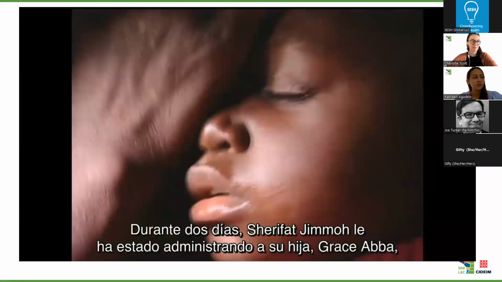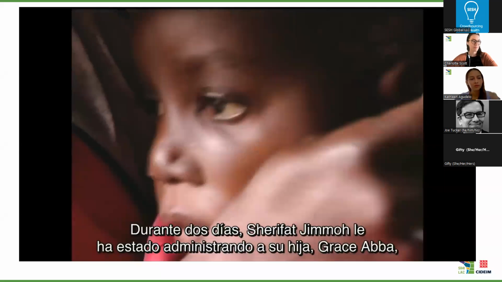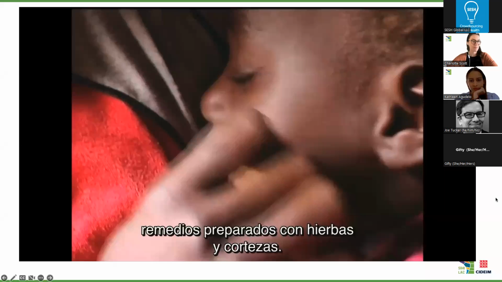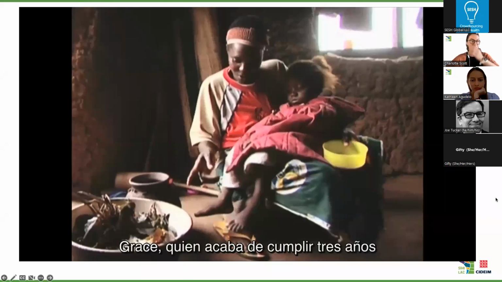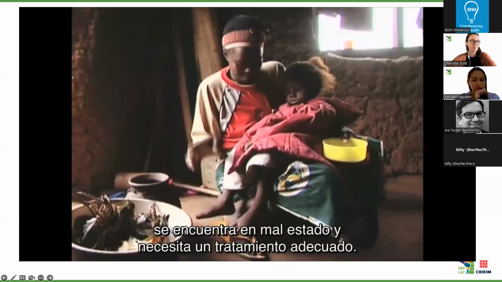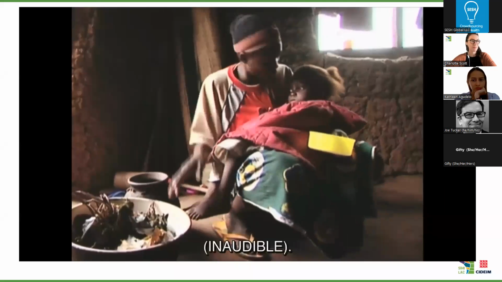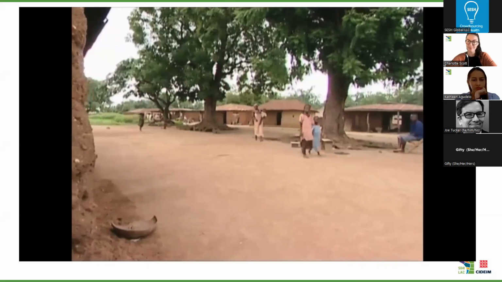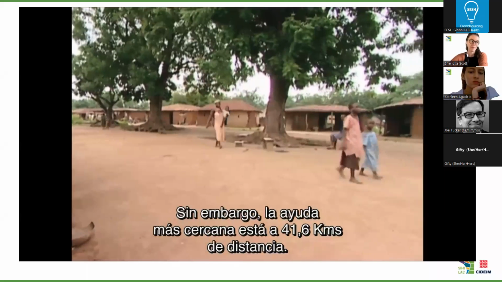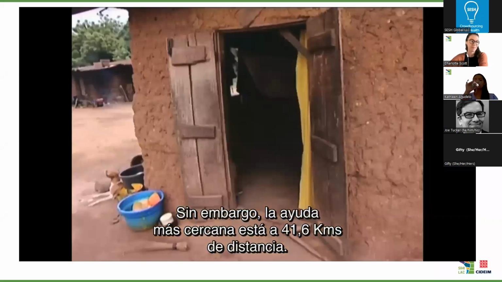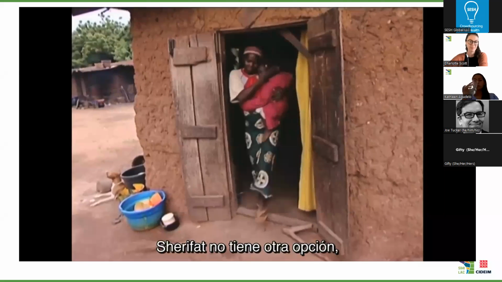For 2 days, Sherifat Jamoa has been giving her daughter, Grace Abba, medicine brewed from herbs and bark. Grace, who is just 3 years old, is in a bad way and needs proper treatment. But the nearest help is 26 miles away. Sherifat has no option. She has to walk.